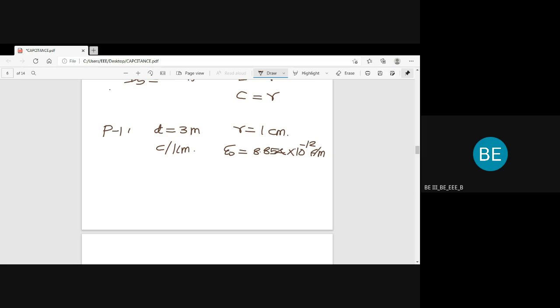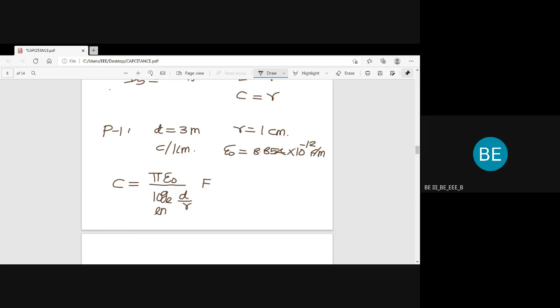So what is the formula? The capacitance of the transmission line CAB will be pi epsilon naught divided by ln of d by r farad per meter, where on the calculator we will use ln.